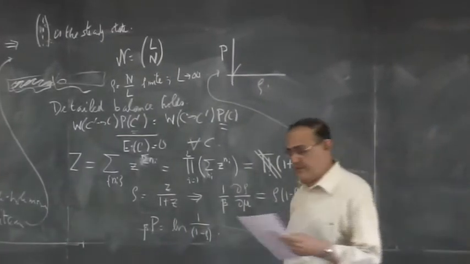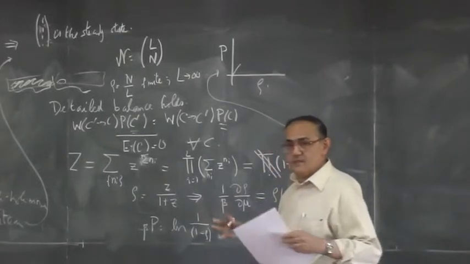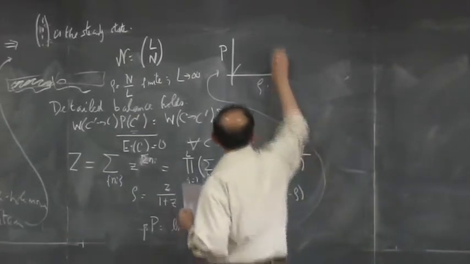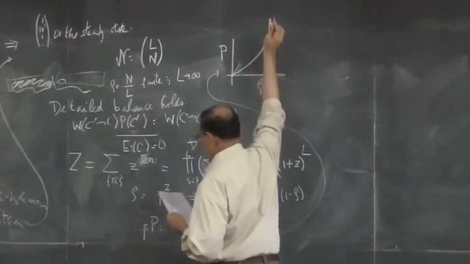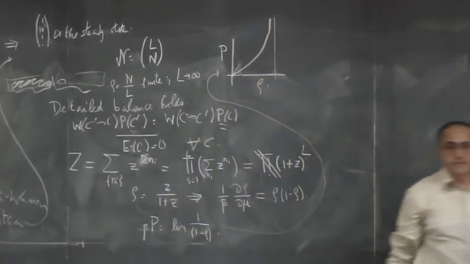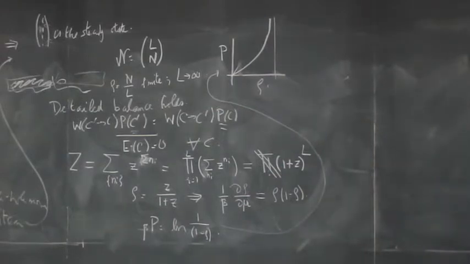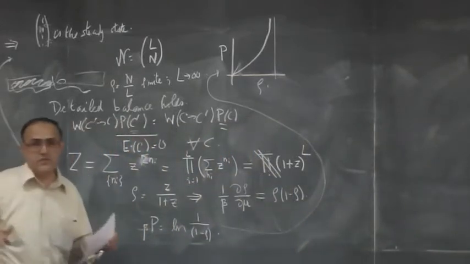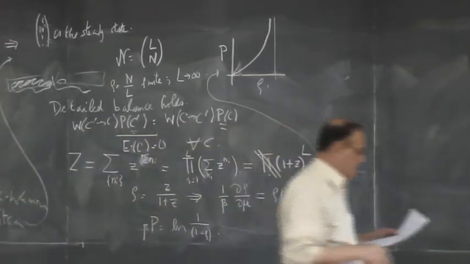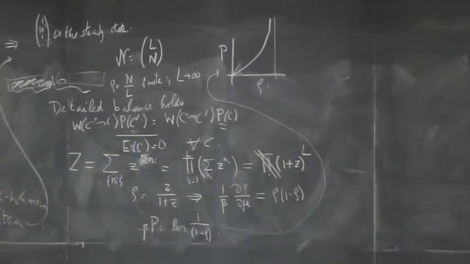But then the effects of exclusion come in. The largest rho can be is 1, and the pressure actually diverges. So you have to apply a very large pressure to accommodate all this. So these are all simple equilibrium statistical mechanical deductions that you can make.